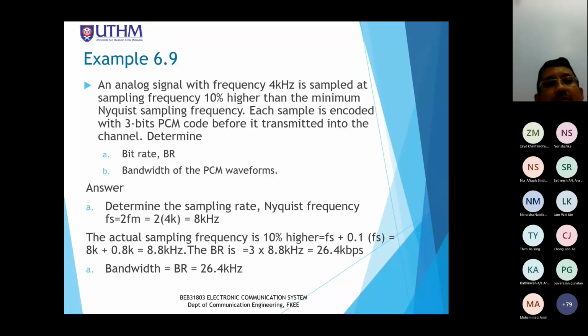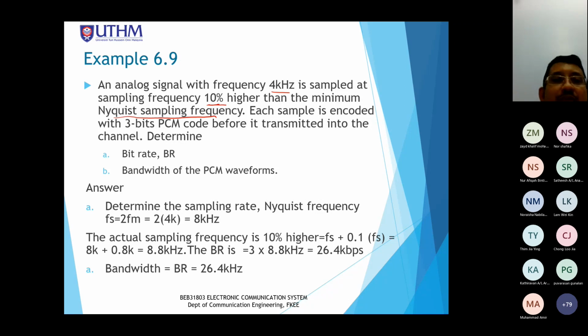An analog signal with a frequency of 4 kilohertz is sampled at a sampling frequency 10% higher than the minimum Nyquist sampling frequency. That means we sample 10% more than the minimum Nyquist rate.